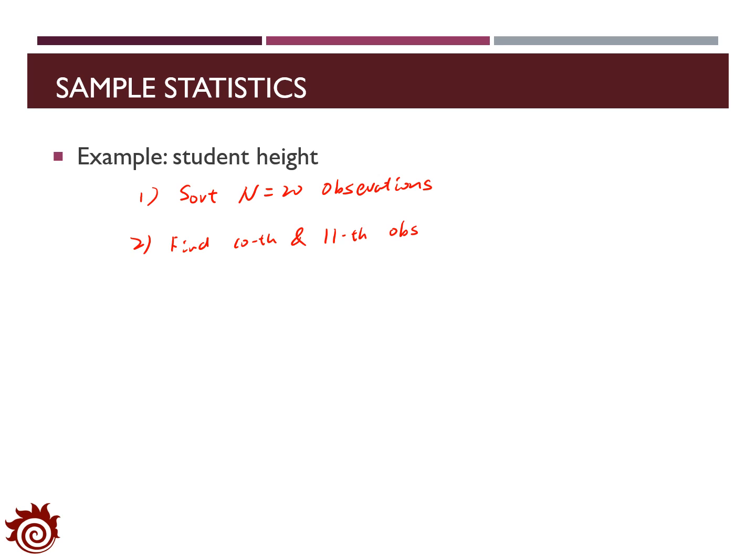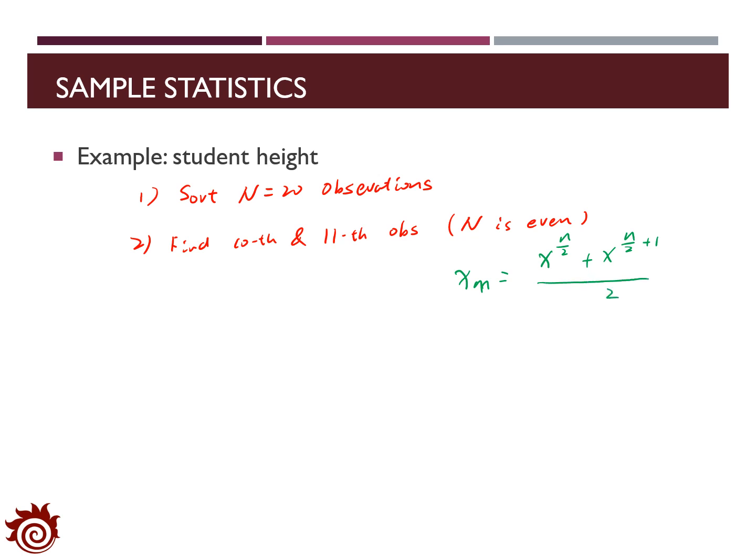The reason for us to choose these two observations is that n is actually even, so we have to call the equation of x n over 2 plus x n over 2 plus 1 over 2.